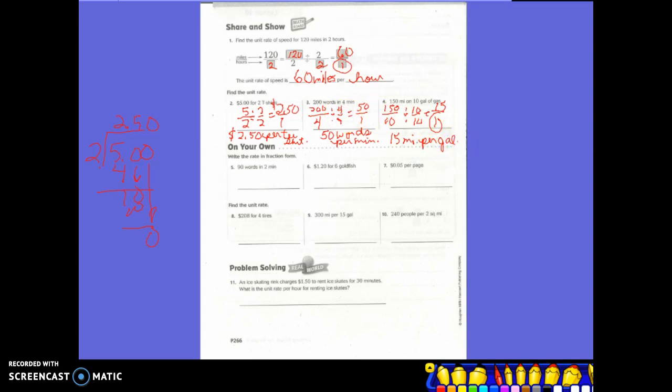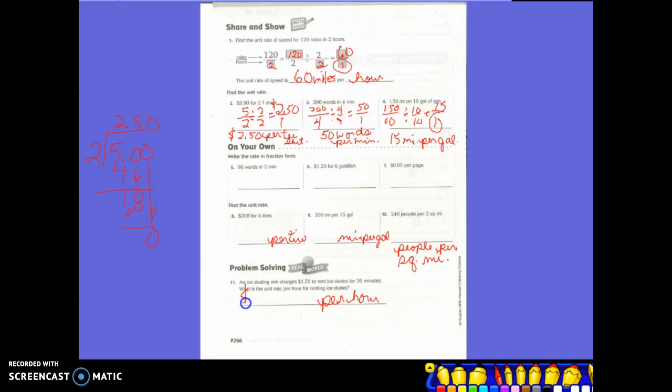Okay. Down here, you're going to have per tire, miles per gallon, and people per square mile. And this one is per hour.